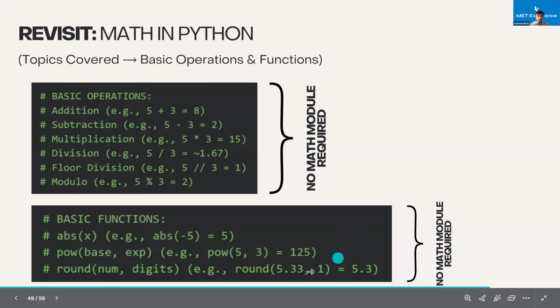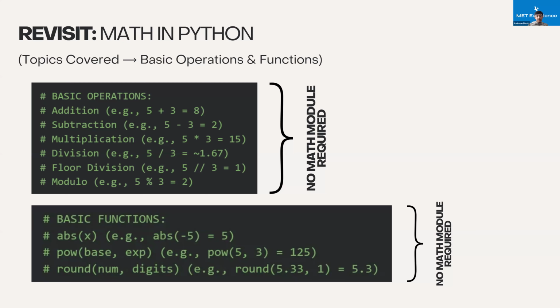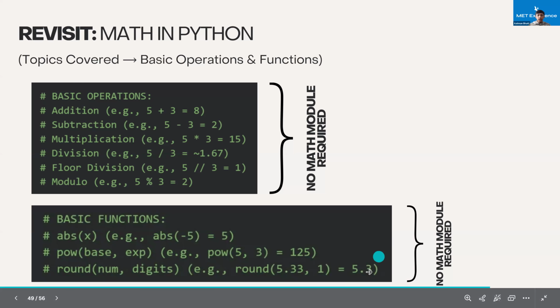So we're telling Python, hey, take 5.33 and round it to 1 digit, or the nearest tenth. So here we're just going to output one number after the decimal point. But if you did round 5.3333 and round it to 2 digits, then you're going to have two numbers after that decimal point. So that's how the round function works.